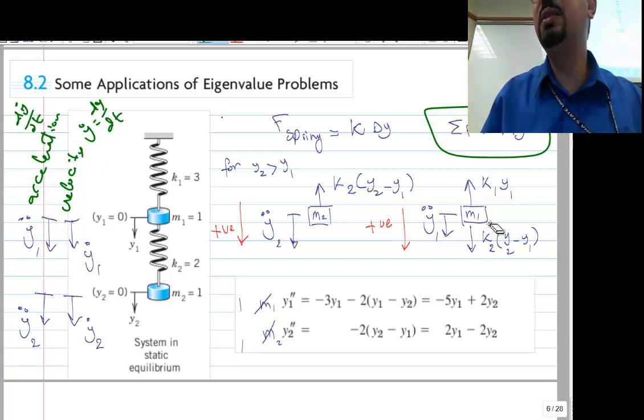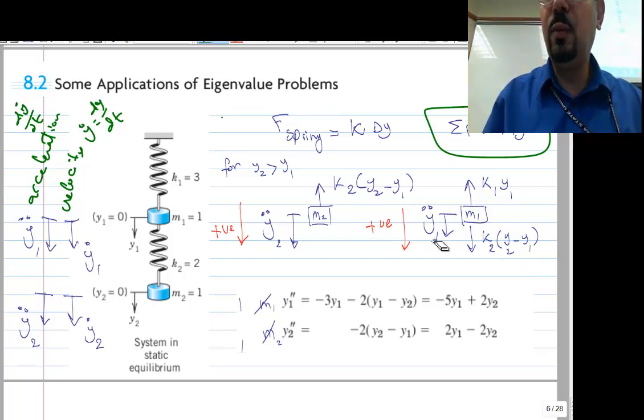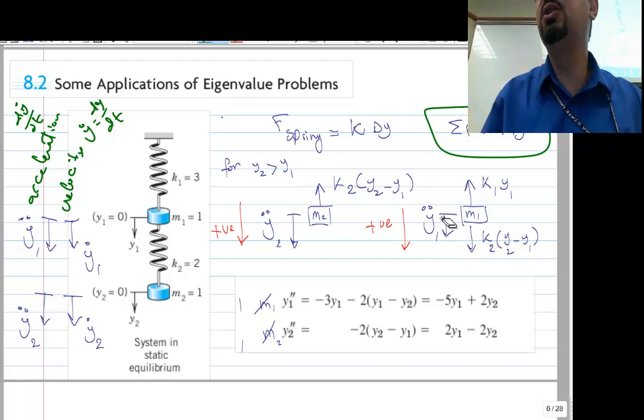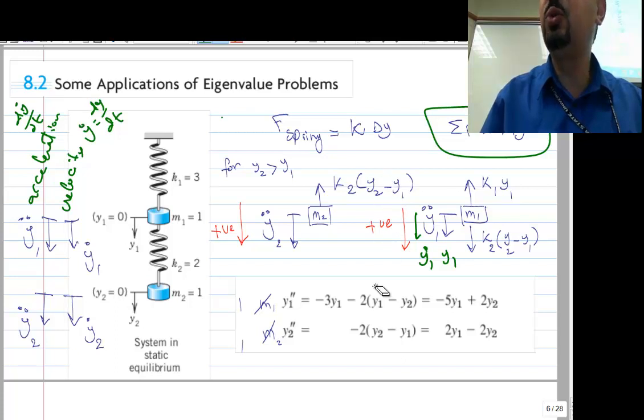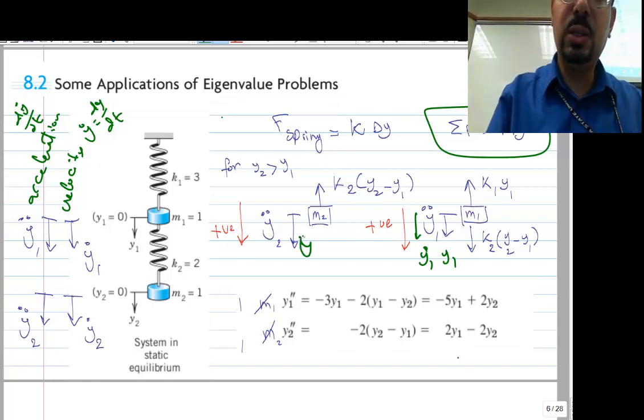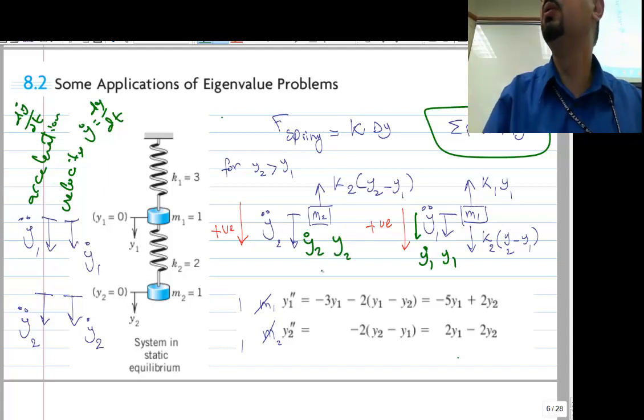So I start with m1, here's the direction of not just y1 double dot, it's also y1 dot, this is the plus direction of y1 dot, and also y1. And I choose to make this the plus direction. And same thing for m2. So here is the plus direction for y2 dot and y2.